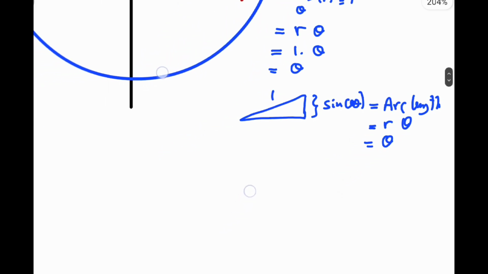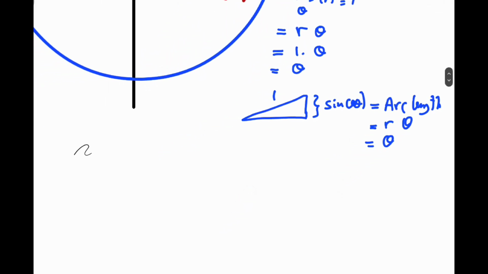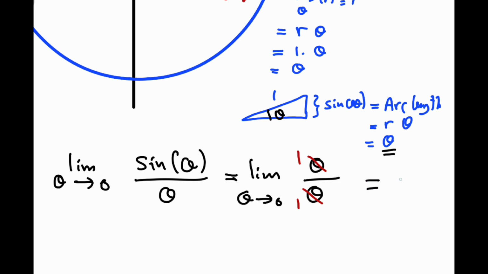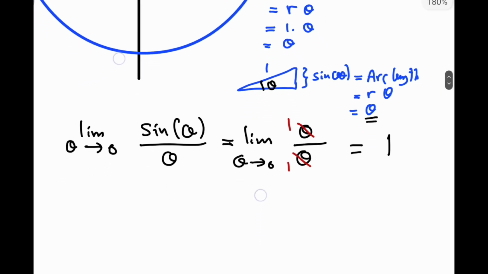Now we have shown that the limit as theta approaches 0 of sine theta divided by theta is equal to the limit as theta approaches 0 of theta divided by theta. The theta cancels out, and the answer is the limit of 1, which is 1. And that concludes the proof.